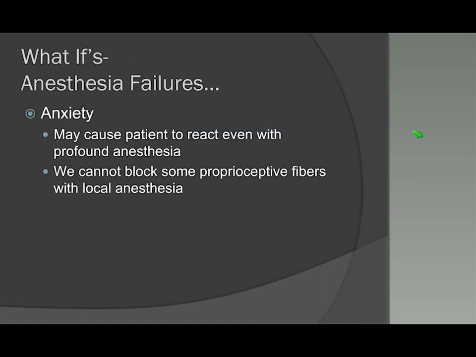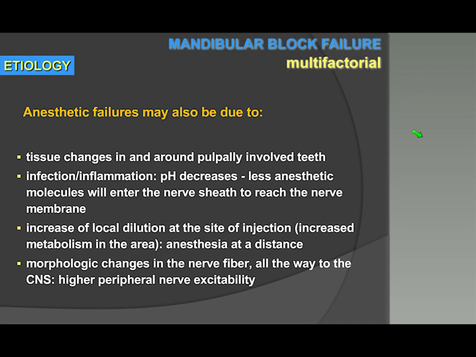Sometimes it's anxiety, and even though we have the patient numb, they're anxious and they think they feel pain, or they have some proprioception and feel tugging or pressure. And proprioception is one of the last things to go, if we can get it to go, with local anesthesia.